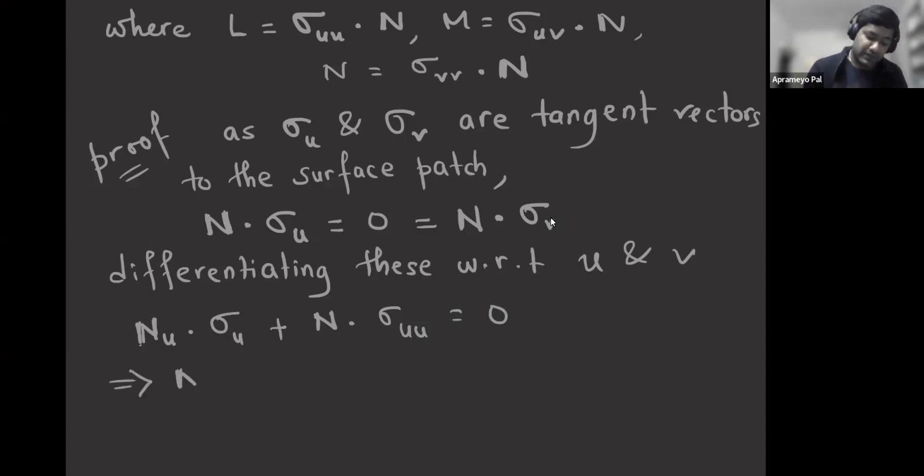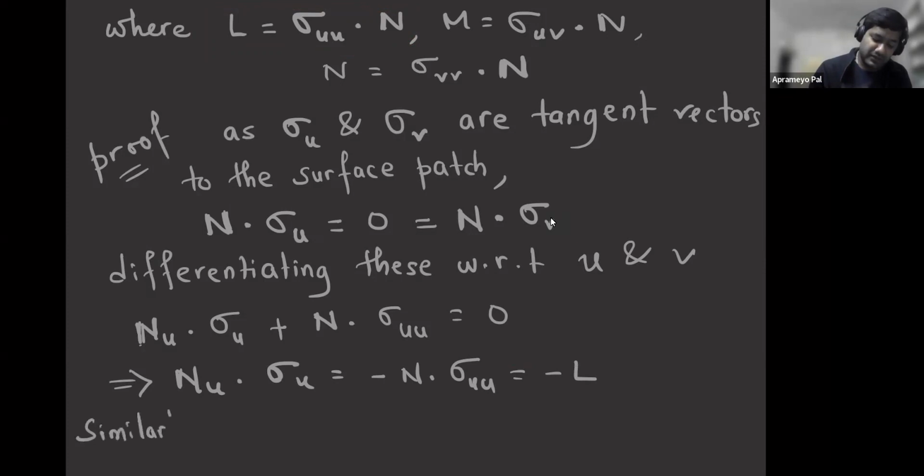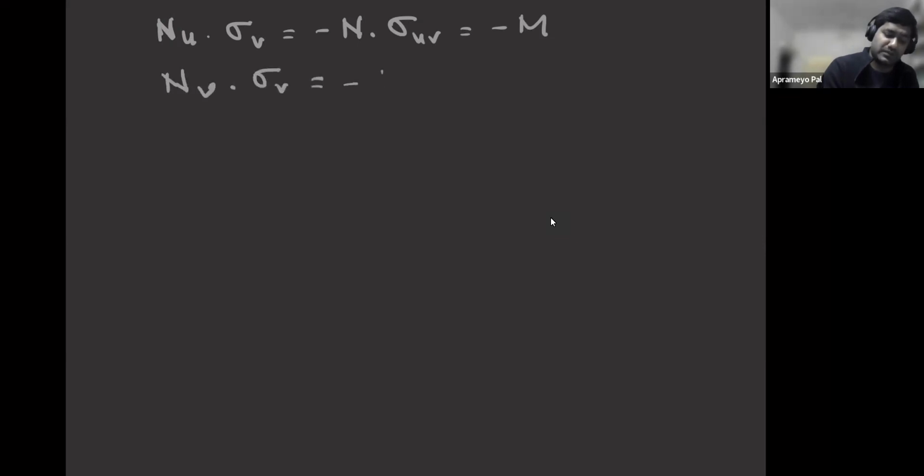So that means N_u dot sigma_u is minus N dot sigma_uu, and that's L, so this is minus L. Similarly, N_v dot sigma_u is minus N dot sigma_uv, which is minus M. And once you differentiate N dot sigma_v, you get N_u dot sigma_v equals minus N dot sigma_uv, which is minus M, and the other part is N_v dot sigma_v equals minus N dot sigma_vv, which is minus N.